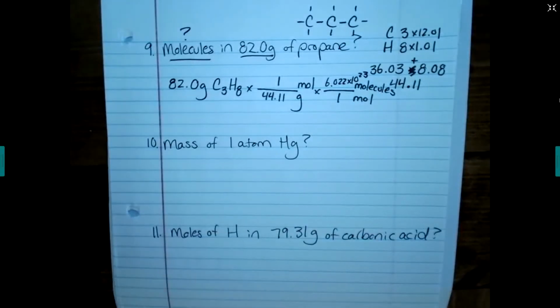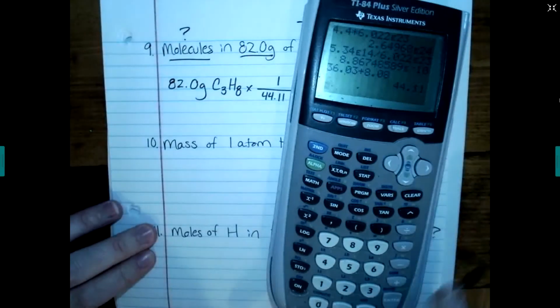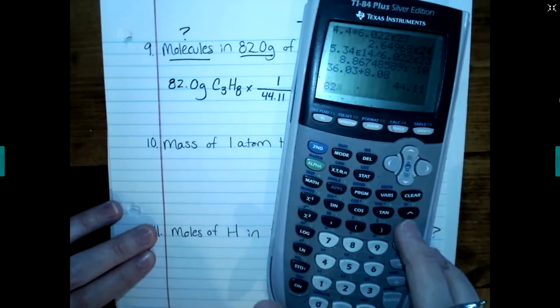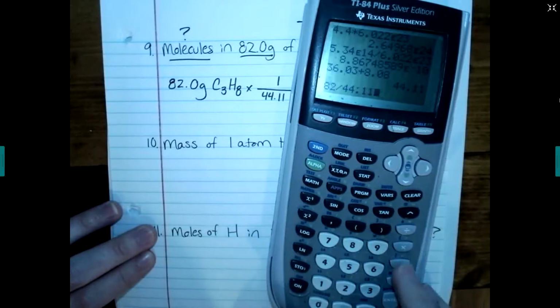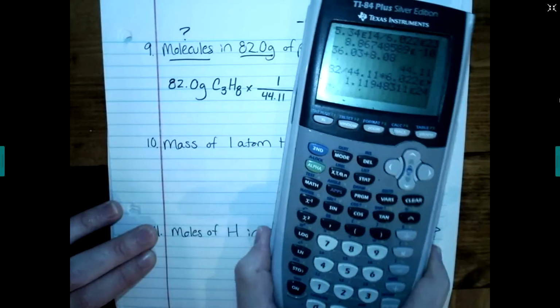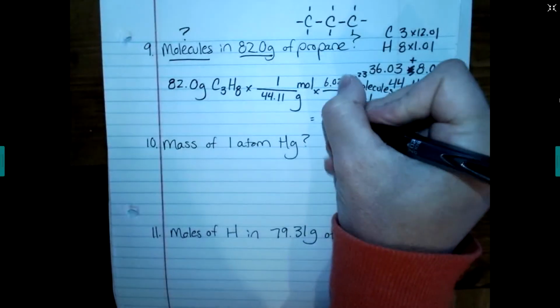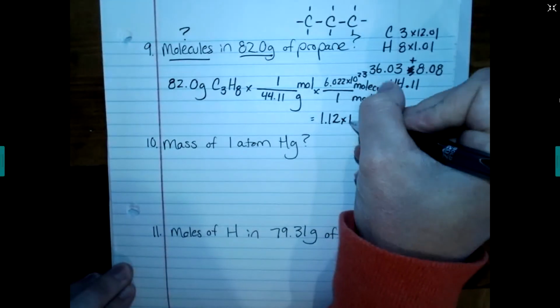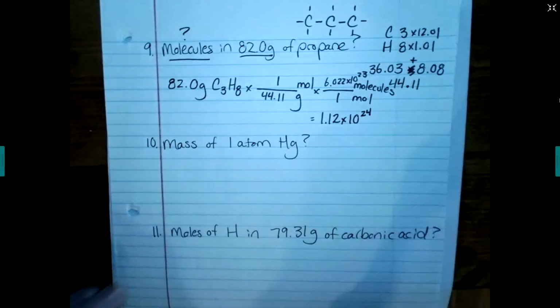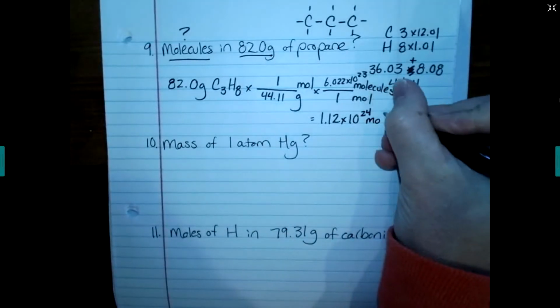We first have to divide 82 divided by the molar mass, and then times Avogadro's number. And we get 1.12 times 10 to the 24th molecules.